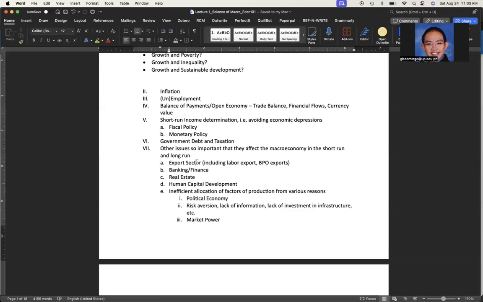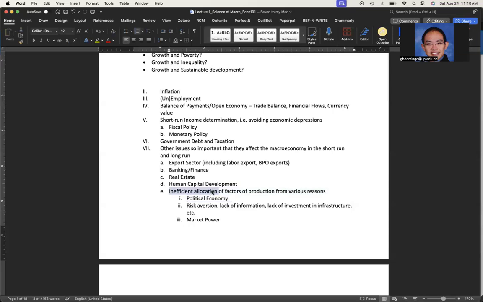And then finally, in this course, we'll be talking about a model where there's an efficient allocation of resources. More modern takes on it would have models where there is an inefficient allocation of factors of production.